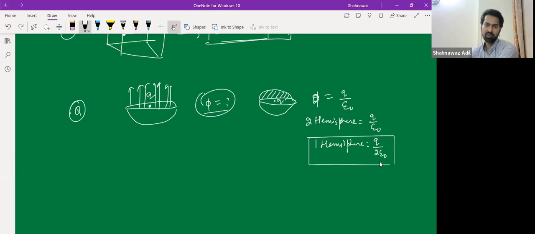Please quickly note it down, and then we will do one more problem, and then I'll talk about this application of Gauss's law.